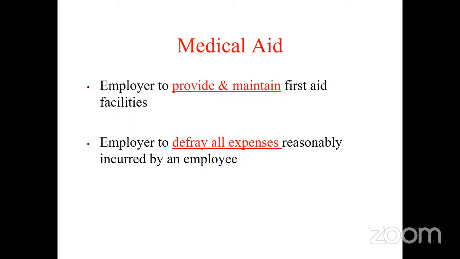The money the employee used, say for transport or medical expenses, to deal with the accident or injury they got, or an occupational disease, you should refund the employee that money, because it is the responsibility of an employer to defray all expenses reasonably incurred by an employee.